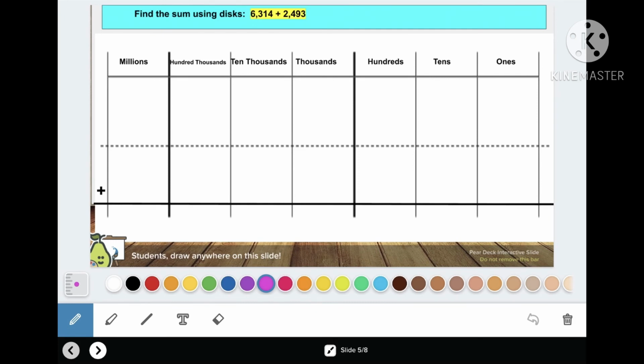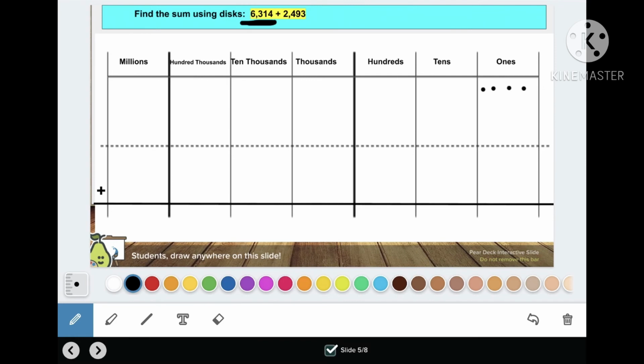Let's try one more. In this problem, I have 6,314 and 2,493. Let's go ahead and put our first number on our first row. And we already know we're starting in the ones. How many ones do I have in my first number? Good job. 4. 1, 2, 3, 4.